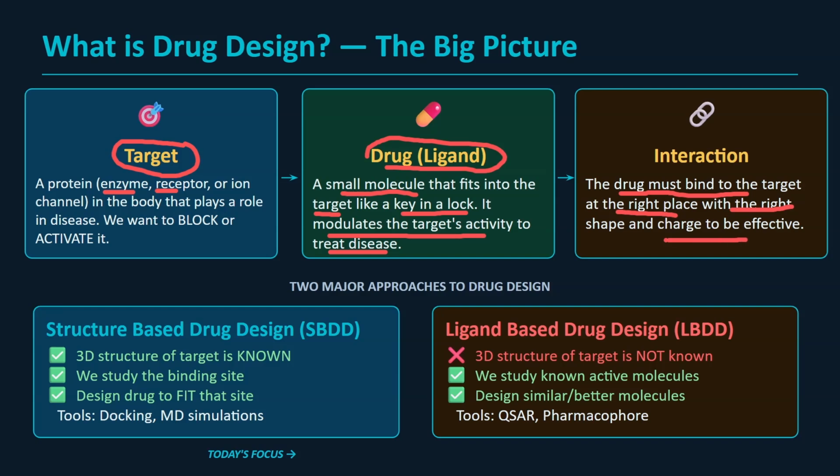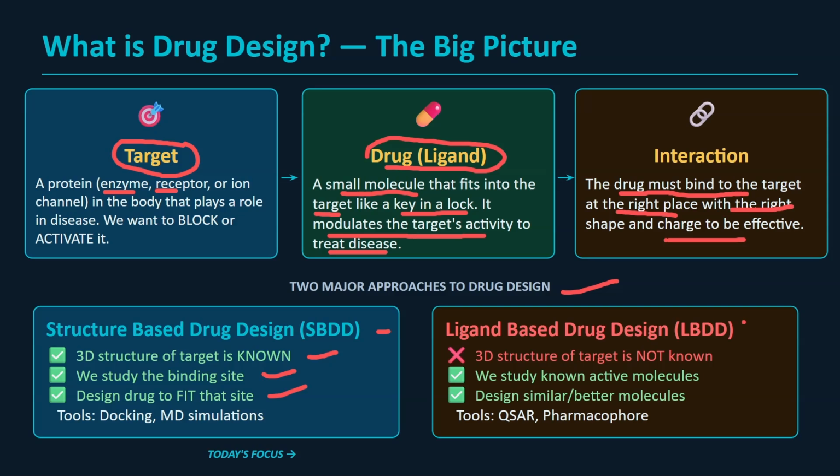So, there are the two main approaches for drug designing. One is structure based drug design, which is our today's topic. We know the 3D structure of the target protein in structure based drug design, and then we study its binding site and a drug that should fit perfectly in the binding site.